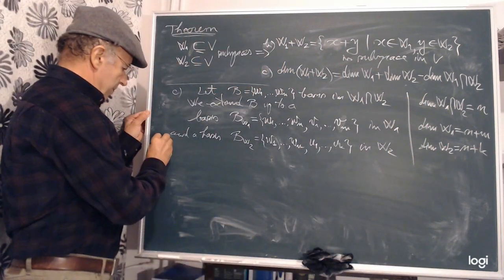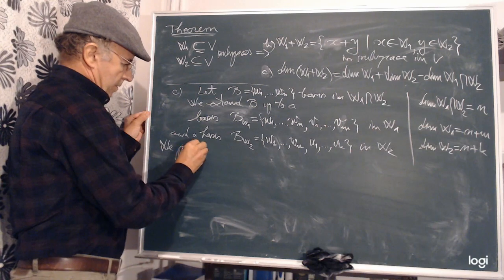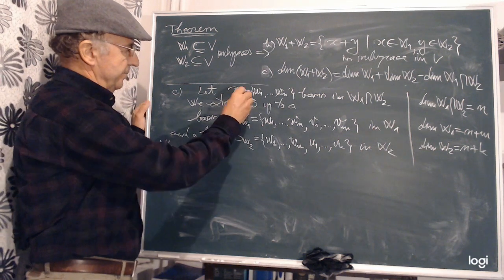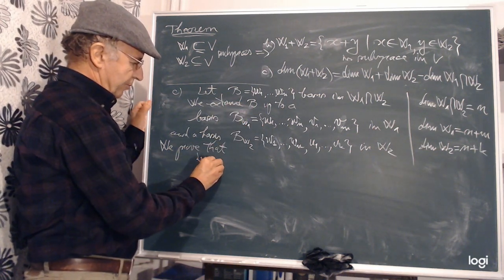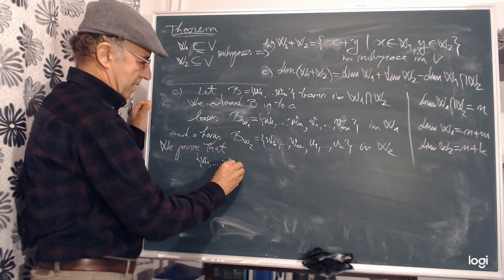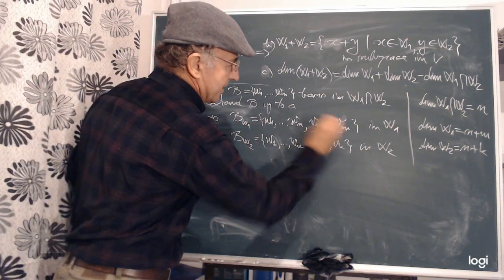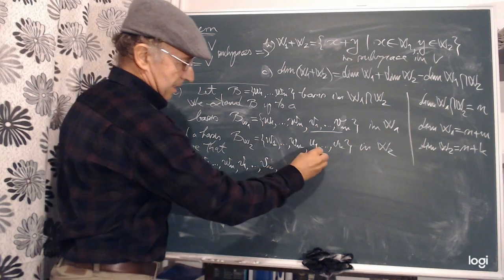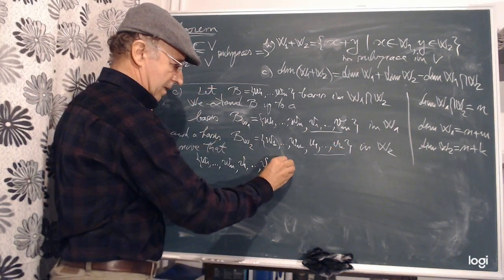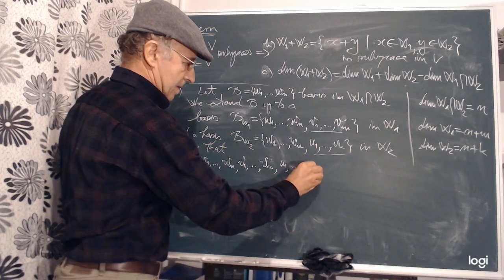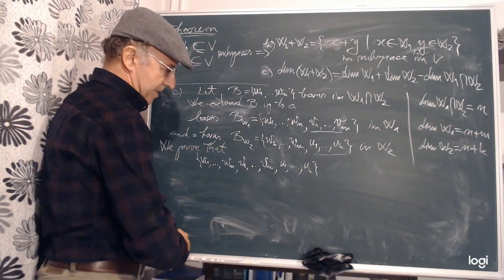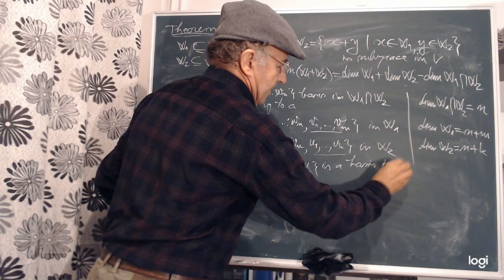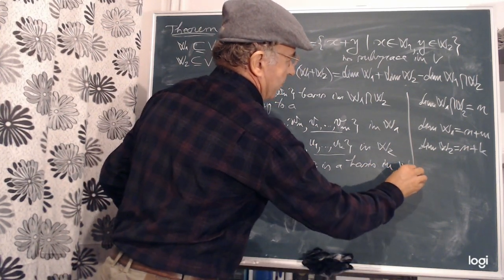Now we prove that the system of vectors w1 up to wn, and the vectors added here, v1 up to vm, and the vectors added here, u1 up to uk, is a basis in W1 plus W2.